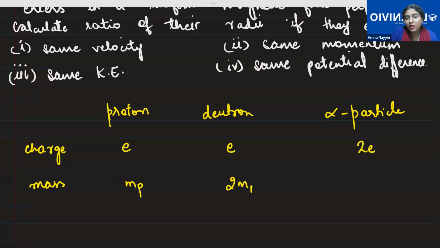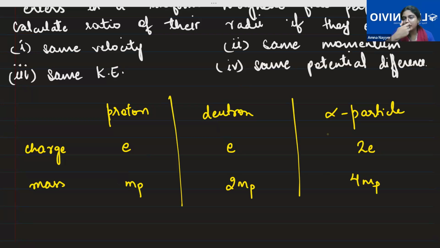Mass of the deuteron is twice the mass of proton, and the mass of the alpha particle is 4 times the mass of the proton. This you should remember, because these are very commonly asked in the exam, and if you don't know them, then the cancellation will be difficult, especially in the ratios part.